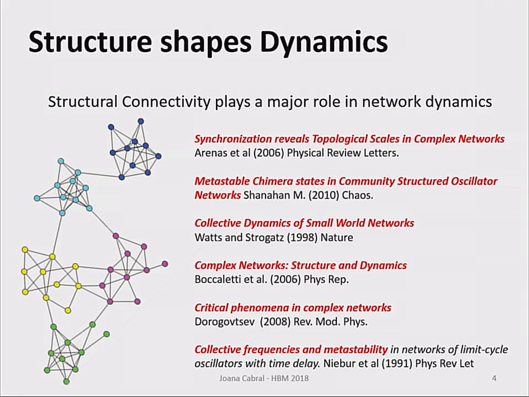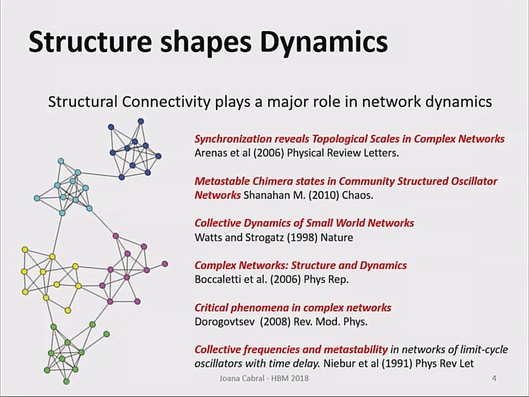The Arenas paper is quite famous because it says that synchronization reveals topological scales in complex networks. In this network, the modules that are more connected together would start synchronizing together for weaker couplings, and then the whole system would synchronize. But the model they used at the time is the simple model of coupled oscillators, where in the end everything ends up synchronizing.